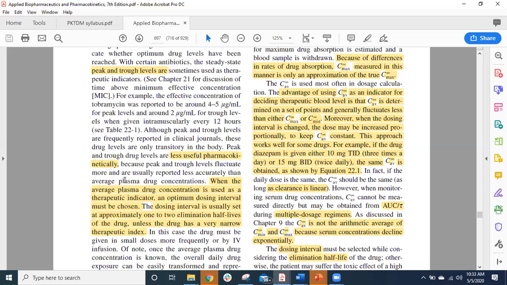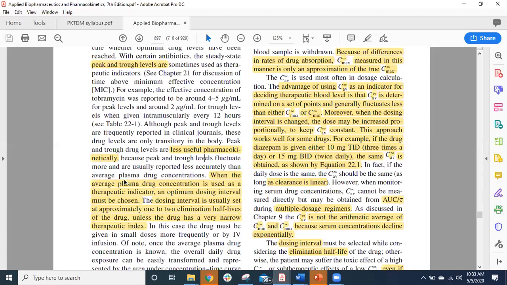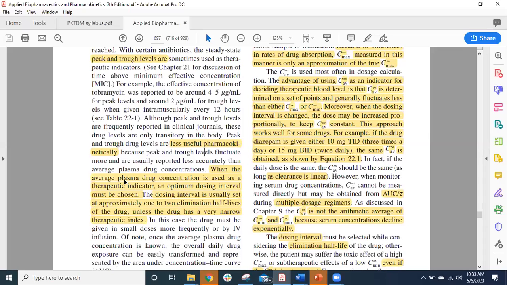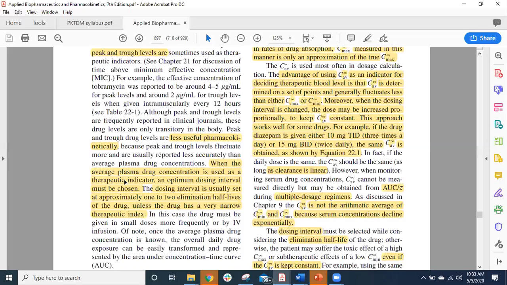So when we use the average plasma concentration as a therapeutic indicator, that gives a clearer picture of what the dosing interval between the drugs should be. When it comes to dosing interval, the elimination half-life becomes the important kinetic parameter.